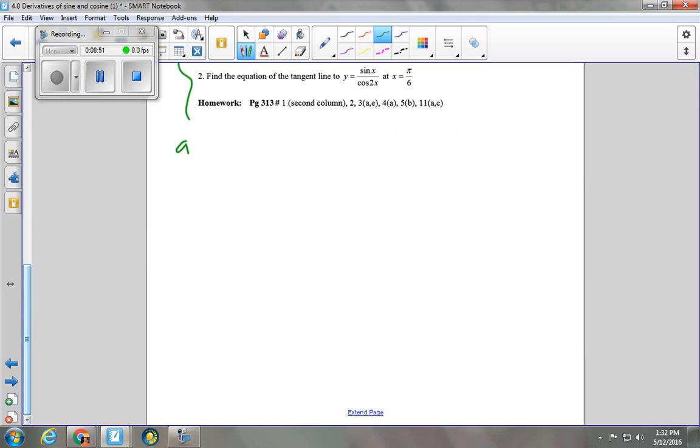So A was y is equal to sine 2x. This shouldn't look that bad at all. This is just the chain rule. The derivative of sine, what did we say the derivative of sine was? Cos.